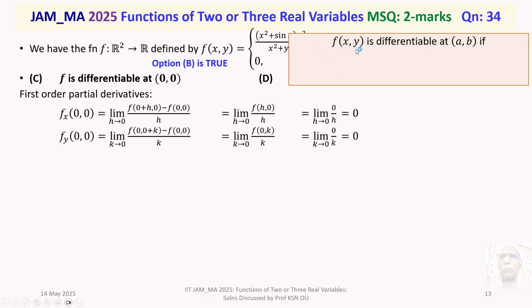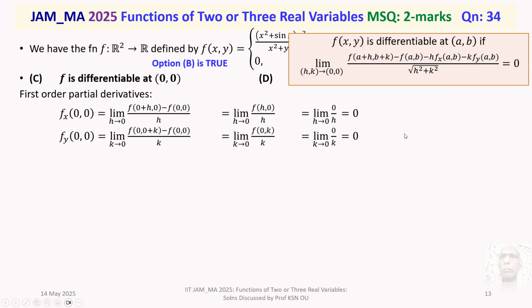Let us recall, f of x comma y is differentiable at a comma b if limit h comma k tends to 0 comma 0 of f of a plus h comma b plus k, minus f of a comma b, minus h times fx at a comma b, minus k times fy at a comma b, whole by under the square root of h square plus k square, exists and is equal to 0.